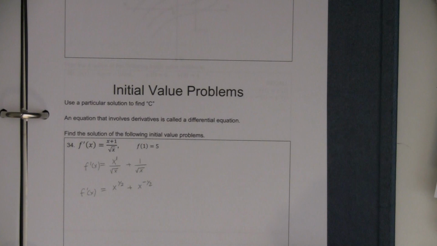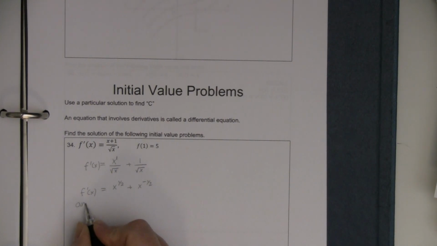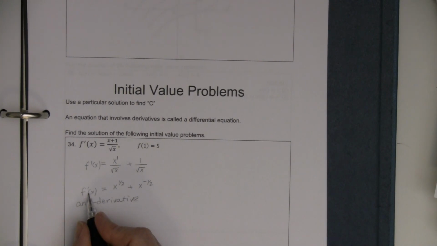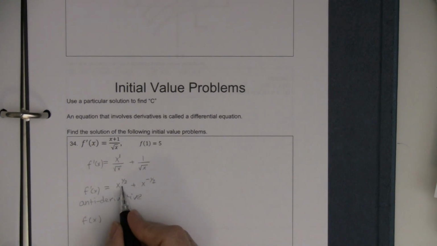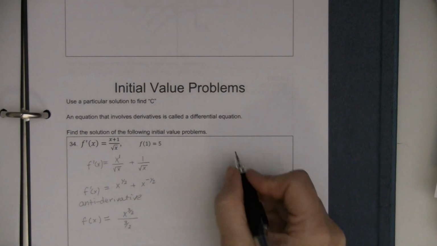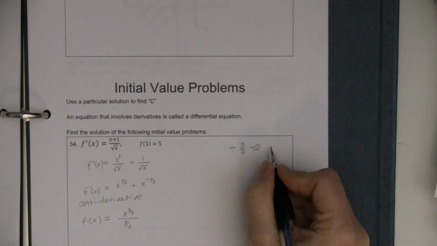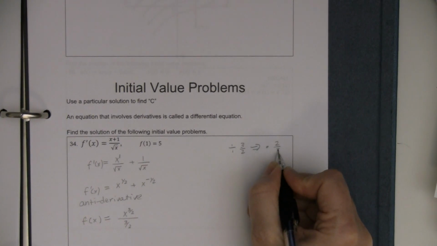So I haven't found the antiderivative yet, but now I'm going to. The antiderivative of this is f of x. And for the antiderivative of this, I'm going to use my power rule. You add 1, you get 3 halves, x to the 3 halves, and you divide by the same thing. And when you divide by 3 halves, that's the same as multiplying by 2/3, the reciprocal.